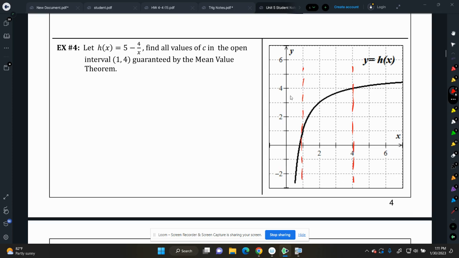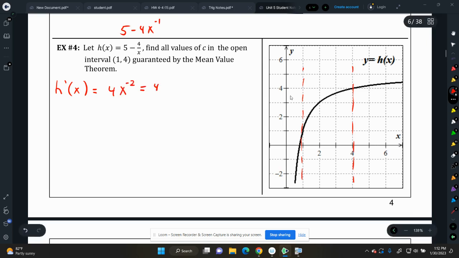Okay. So in order to find the instantaneous rate of change, what do I do? Take the derivative. H prime of x equals, right? So this is going to be 5 minus 4x to the negative 1, so that's going to be a positive 4x to the negative 2. So that's 4 over x squared. There's my instantaneous rate of change.